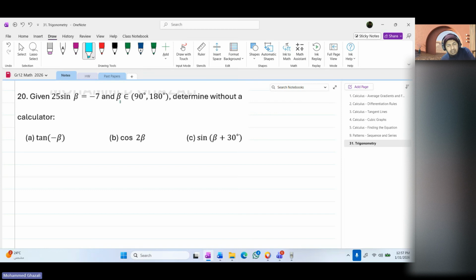I made a mistake here. It should be positive 7, sorry. So there should be no negative sign there, just ignore that, it should be 7, not negative 7. So what we have is sine beta is 7 out of 25, okay?